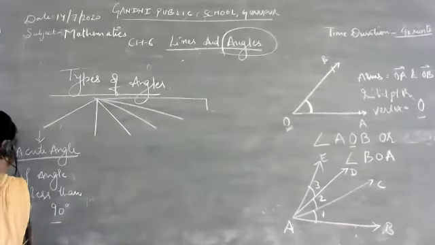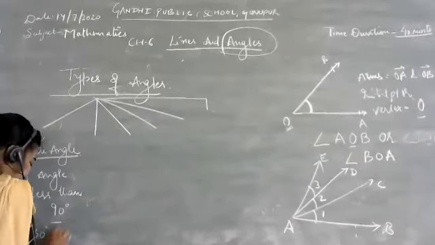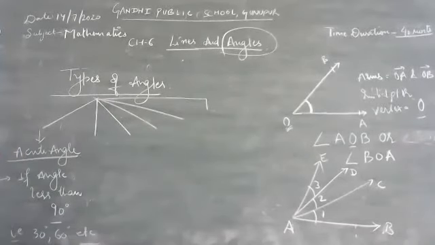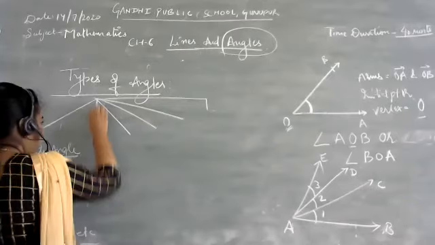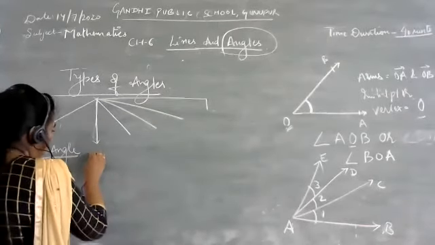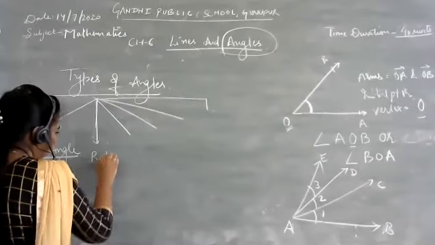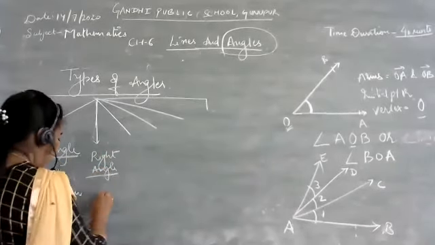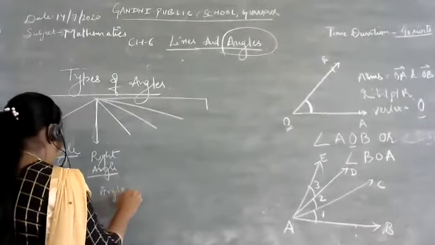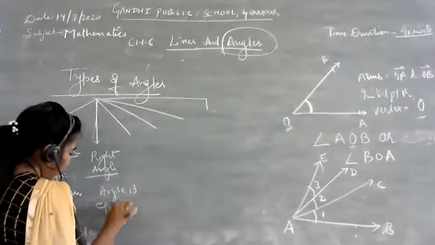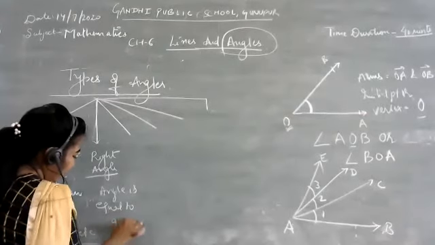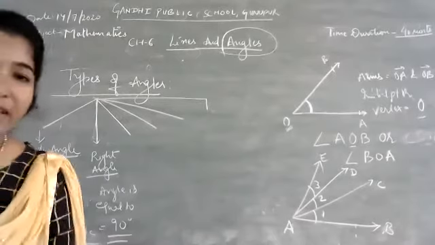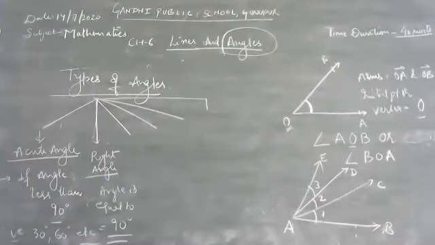Examples of acute angles: 30 degrees, 60 degrees. Next is the right angle. A right angle means the angle is exactly equal to 90 degrees. So we can say that it is a right angle.